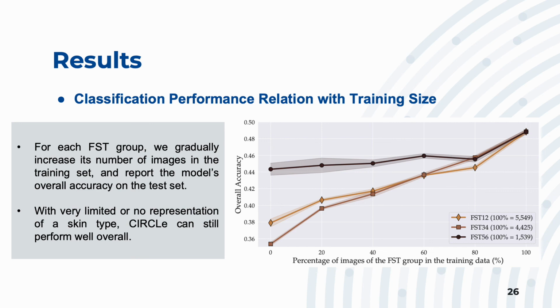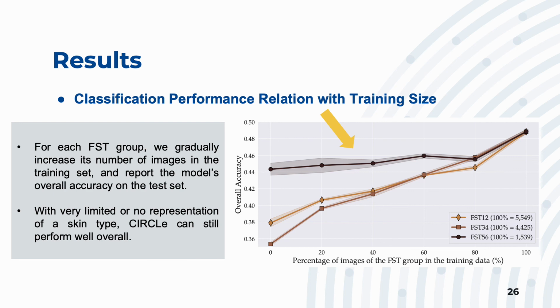As we can see in this figure, as the number of training images in a certain FST group increases, the overall performance improves, which is expected since deep learning-based models generalize better with larger training datasets. However, we can see that for the least populated FST group, or the dark skin types group, with only 13% of the training data, our method demonstrates a more robust performance across experiments.